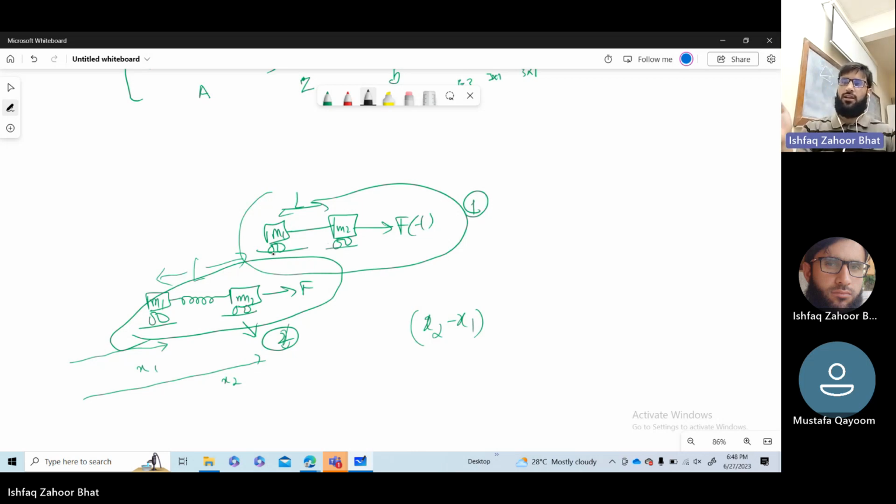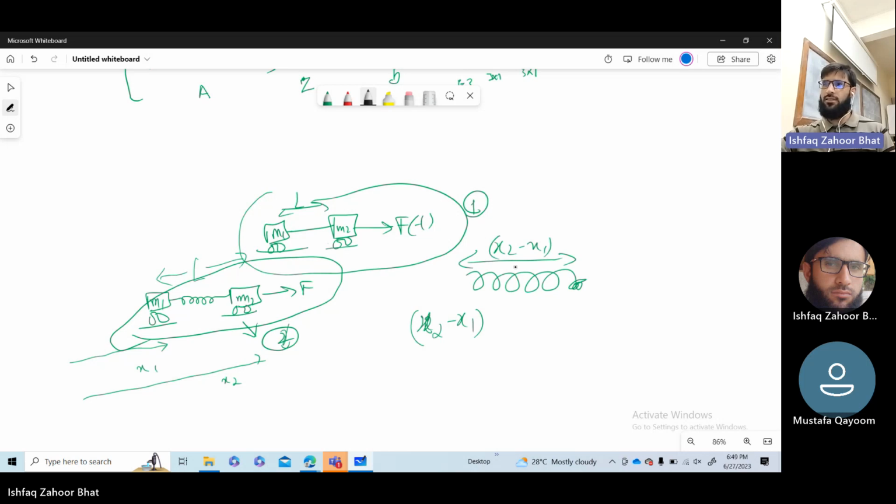If M1 and M2 are separated by L, there will be no force in the spring. At any instant of time, M2 is at x2 and M1 is at x1, so x2 minus x1 is the instantaneous length of this spring.